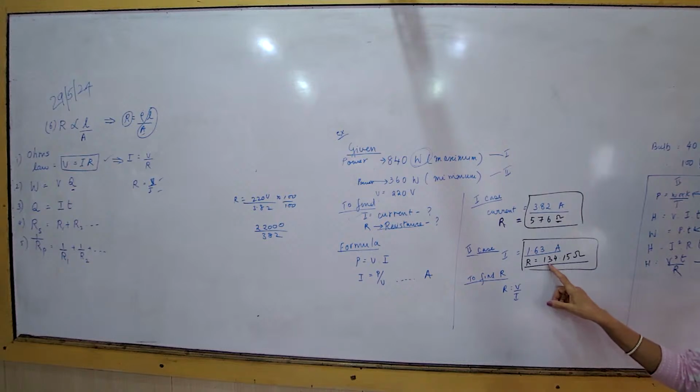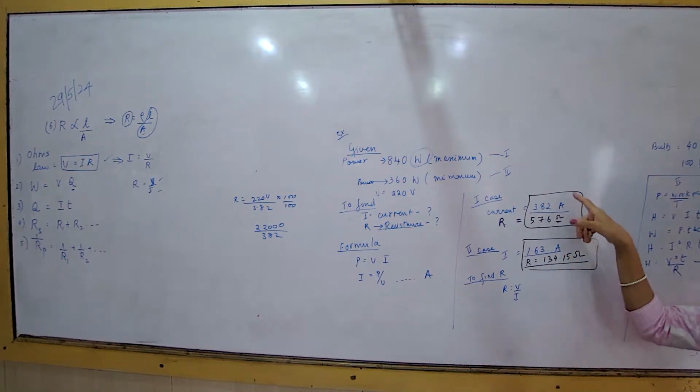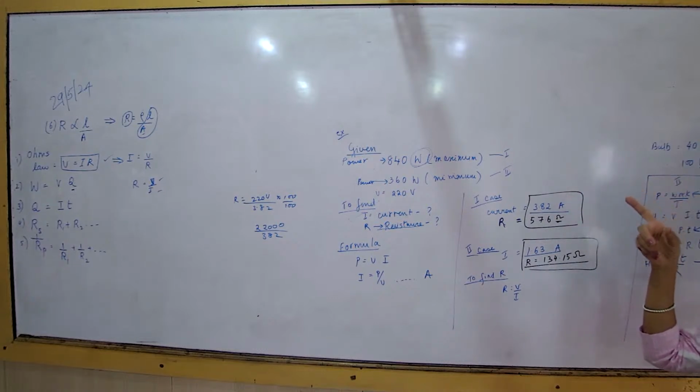Therefore the current is less. Here your resistance is less. Therefore the current is more. Did you understand? By doing such numericals, you will also reinforce your theory. It's lengthy, not tricky. It's simple division. Only thing is it's lengthy. That's all.